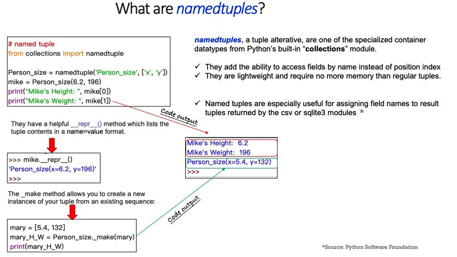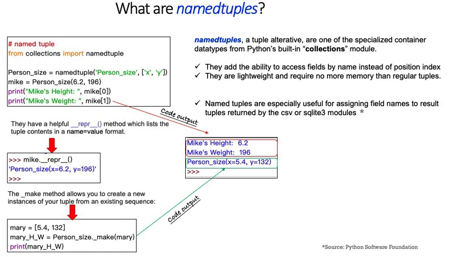Named tuples have the __repr__ method, the dunder method, which lists the tuple contents in a name equals value format. So if you see Mike.__repr__, you'll see that it lists out person_size and X equals 6.2 and Y equals 196. The _make method allows you to create a new instance of your tuple from an existing sequence.